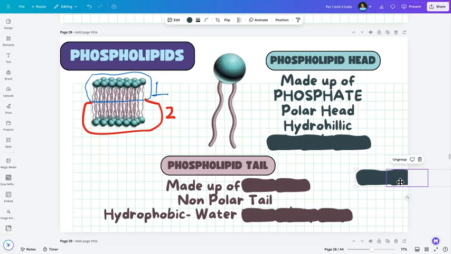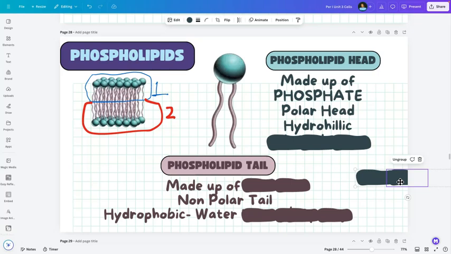Now the head of the bilayer is polar or hydrophilic. Anybody know what do you think of when you think of polar? Cold. What else do you think of? Polar bears. What else? Santa. It's true. He lives in the North Pole. Polar Express.